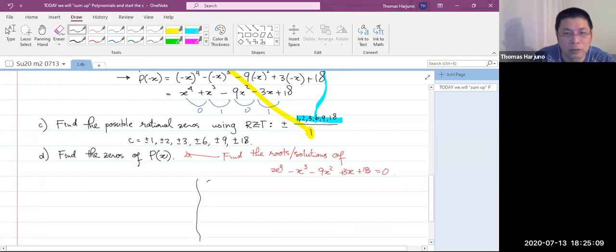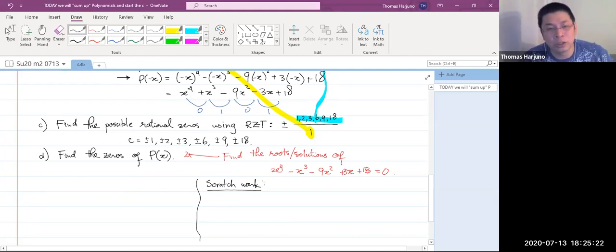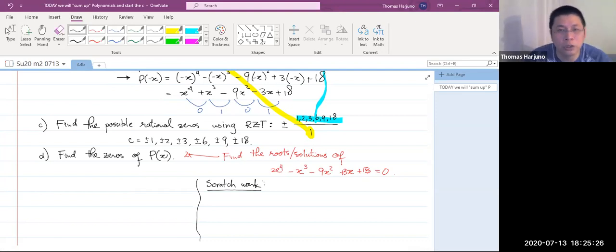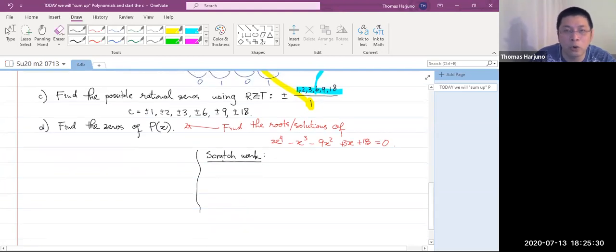On your quiz, for example the one due tomorrow, you just show the zeros, you don't need to show your scratch work. I will use synthetic division. I know that the y-intercept is 18.